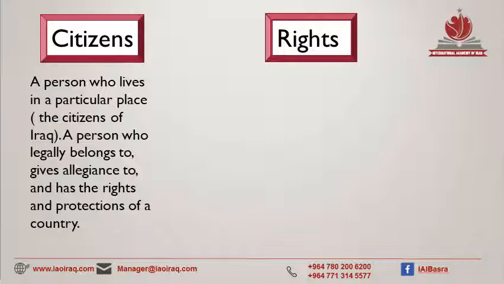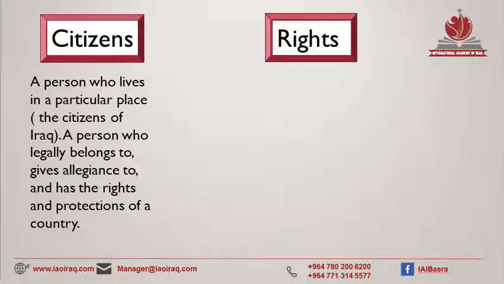Basically, after the Second World War, there were a lot of human atrocities, as in people were killed and tortured, and a lot of bad things happened in the Second World War. So a lot of these countries came together and they made the Bill of Rights so that the same thing wouldn't happen again. So basically, rights are things that protect each and every person on the planet.